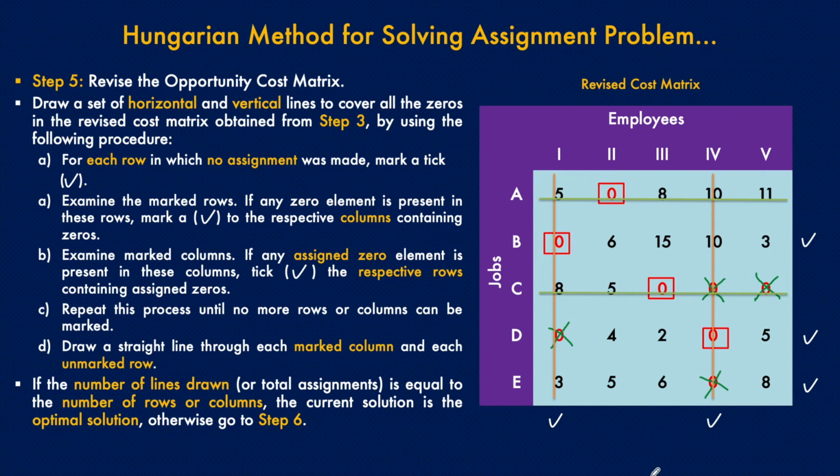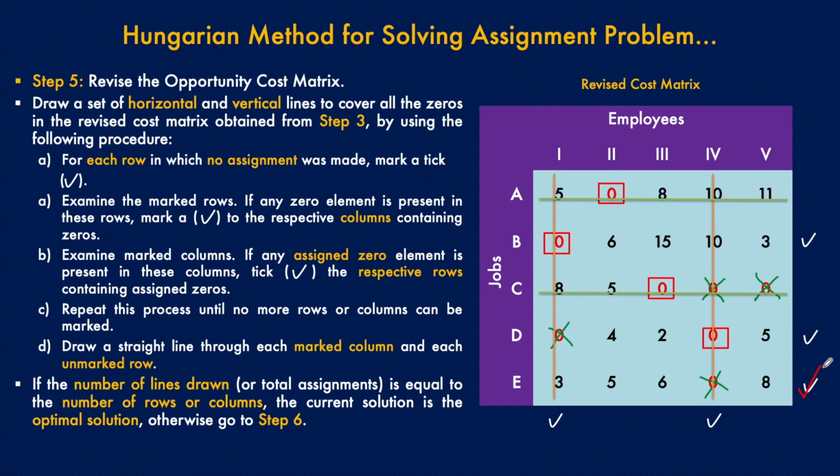For that, row wise, you just observe in each row, you can identify a row with no assignment. So this is the 5th row which is not having any 0 assignment. So you start your tick mark from here. So mark this particular row. When we choose a particular row to mark, it will be on the right hand side of that row.